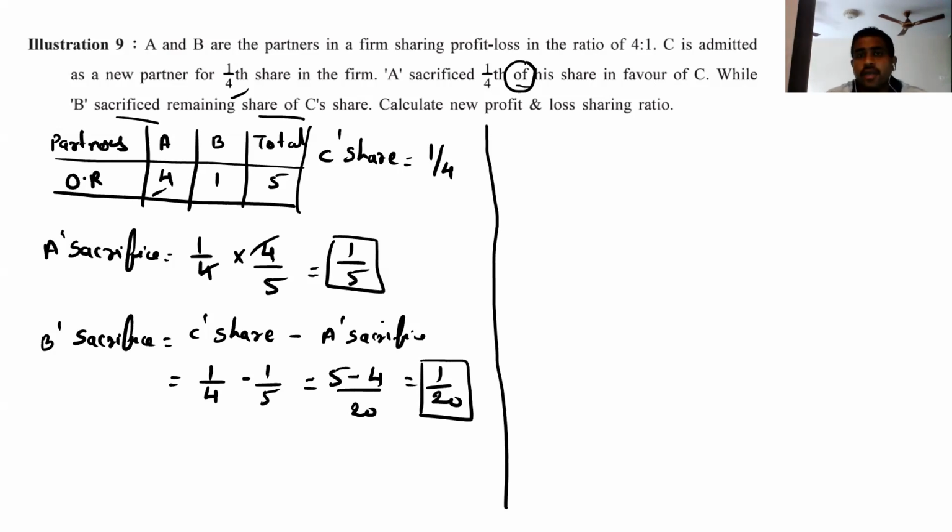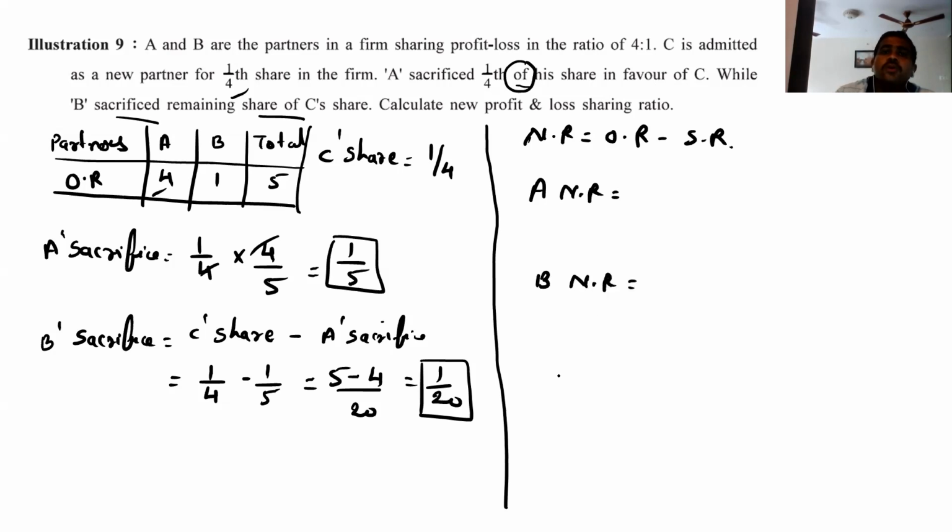Okay. Now let's see how to find the new ratio. We have found the sacrifice. Now we are going to find the new ratio. So what is the formula? New ratio is equal to old minus sacrifice. So let's see. I'm just writing the names: A's new ratio, B's new ratio, C's new ratio.